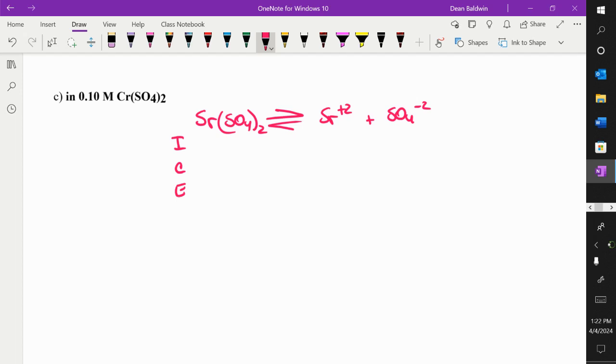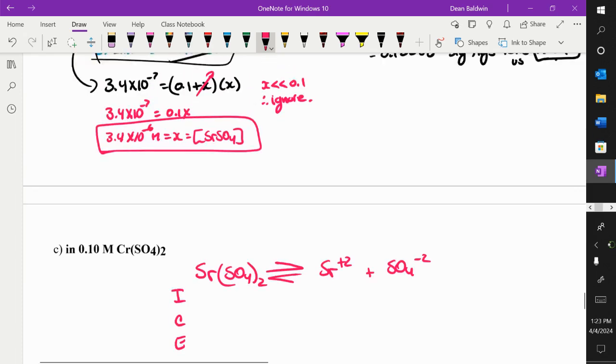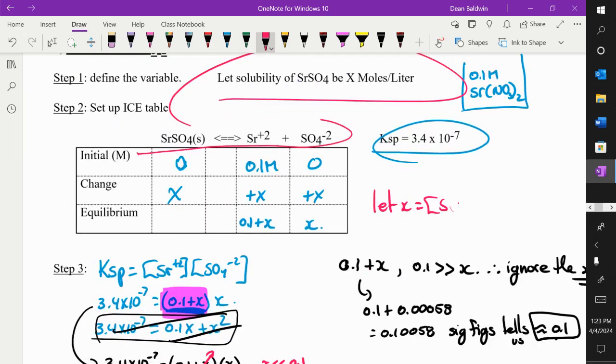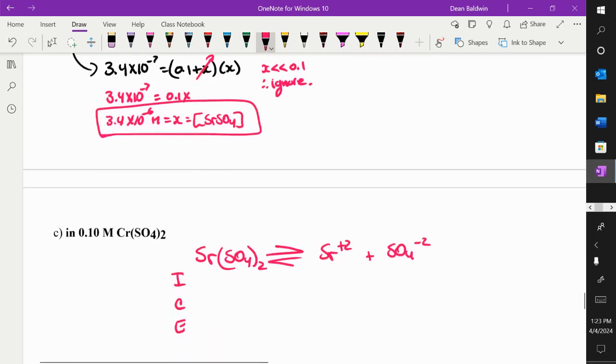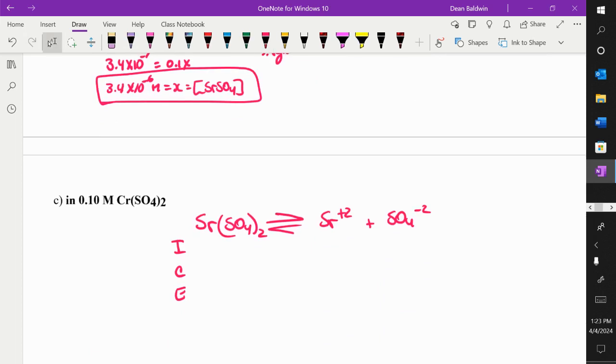Why is strontium two? Oh, why isn't there a 2? There's not supposed to be. Oh, I see what you're saying. There we go. I guess I should erase the brackets too. There. Okay. Strontium sulfate.